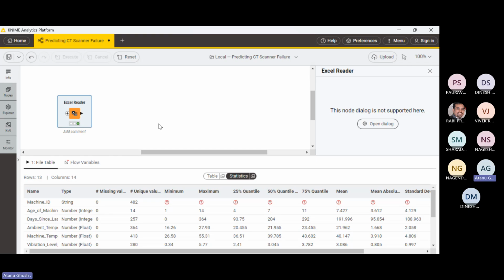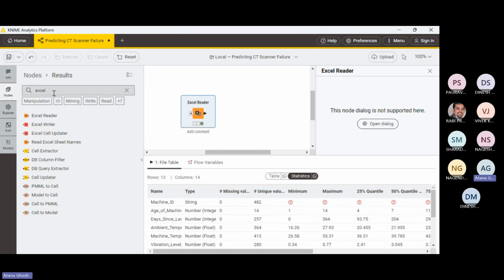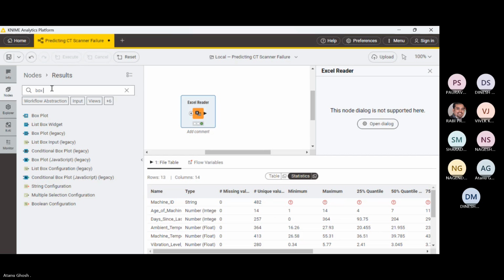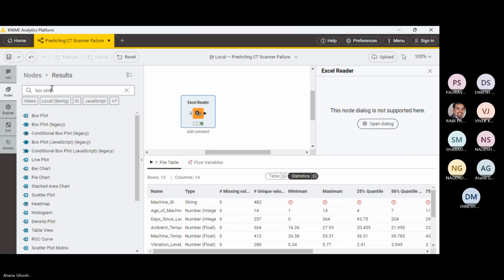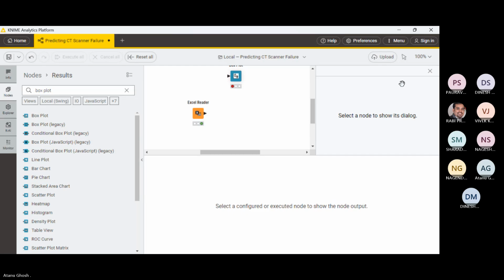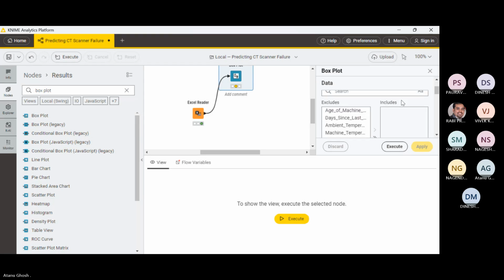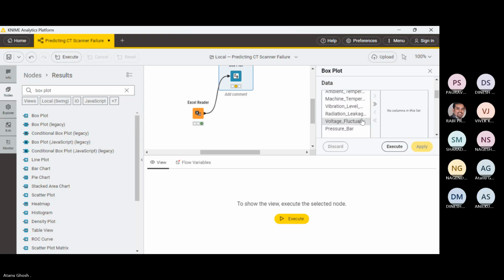Some of the EDA that we did, I'm just repeating these steps, we did last time. We did a box plot, and do a box plot of radiation leakage.